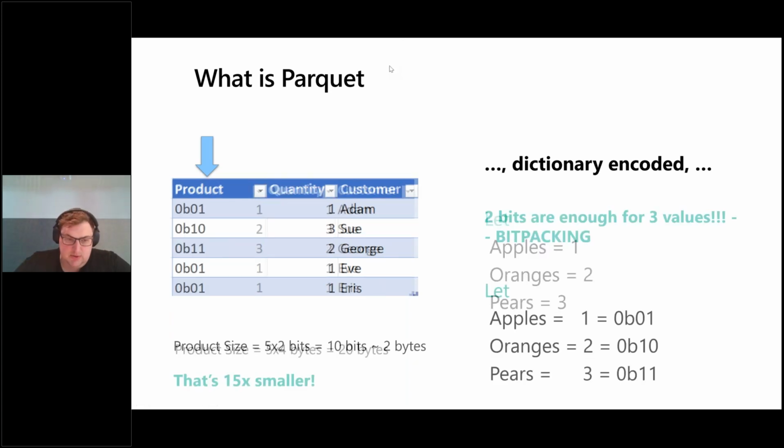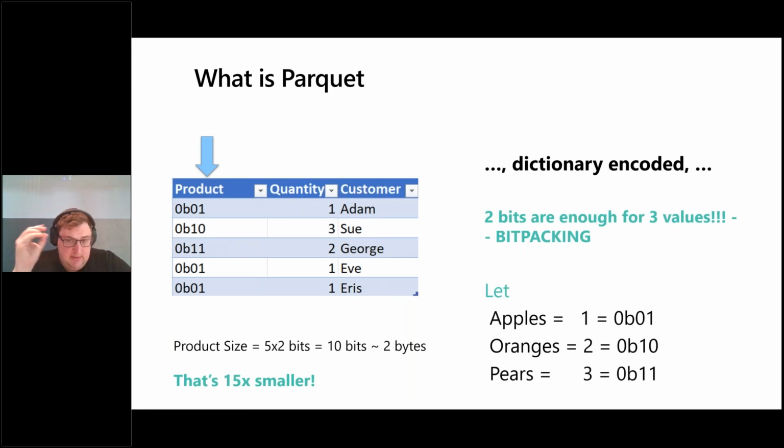But we're also doing something cooler, which is called bit packing. Bit packing means that for those values we need fewer bits to store the same values. So we're getting the storage size down even more, which is a very cool thing.